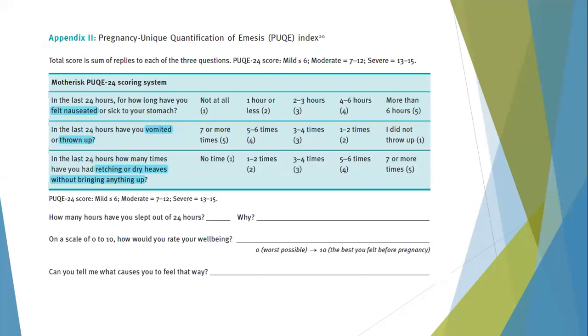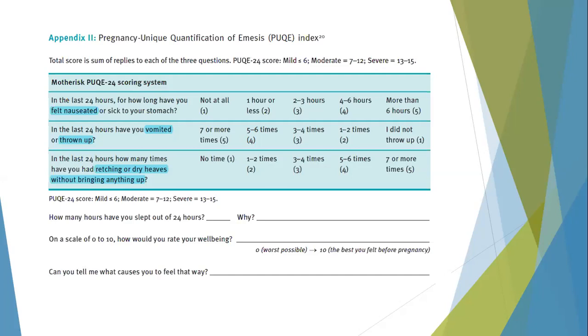Total score is based on the questions she replied to. We will ask some questions and she will reply. For every reply we will give a score from 1 to 5. Mild, if the score is 6 or less. 7 to 12 is moderate. 13 to 15 is severe.